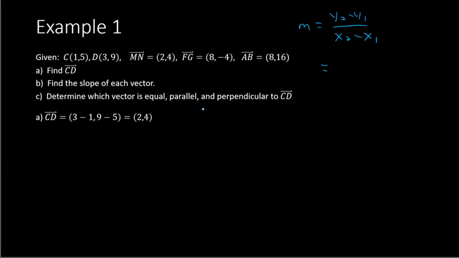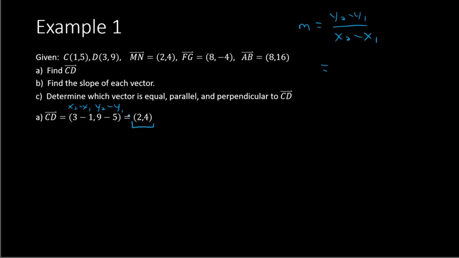Well, all these points here for the vectors, that's really what these points are. Like we just found vector CD to be <2, 4>. That was your change in x and change in y. This was x2 minus x1, and this was y2 minus y1. We just found that, and that's true for all these points.